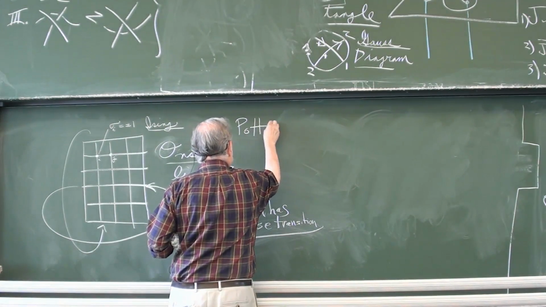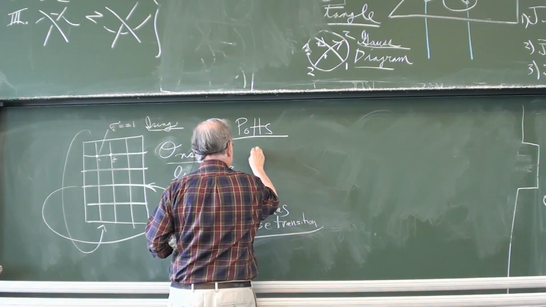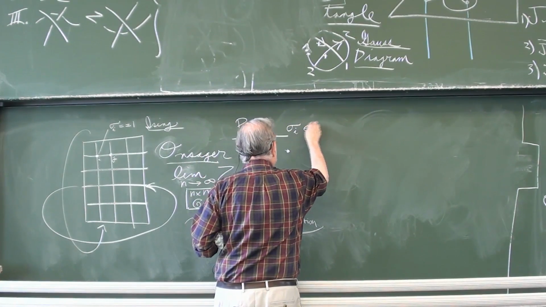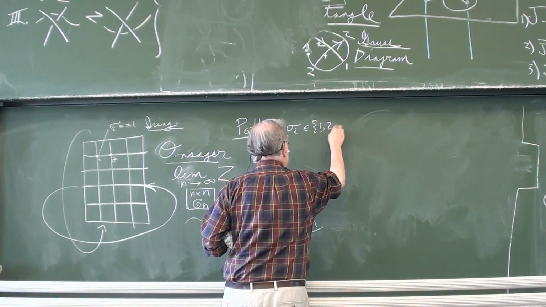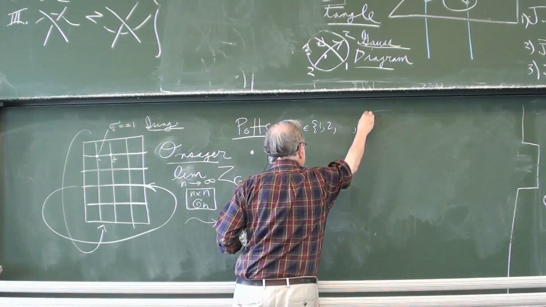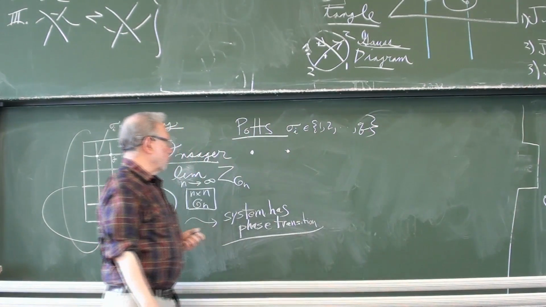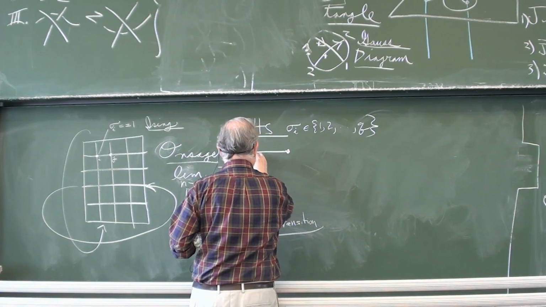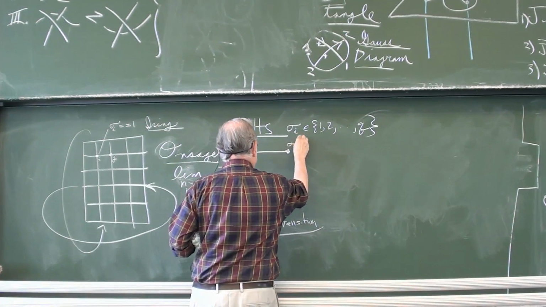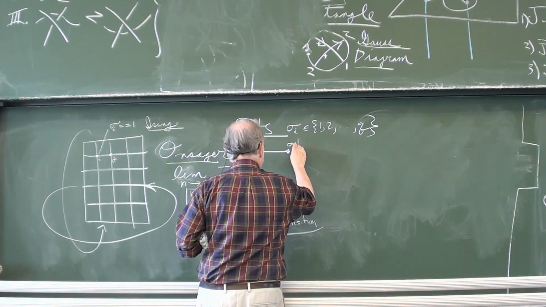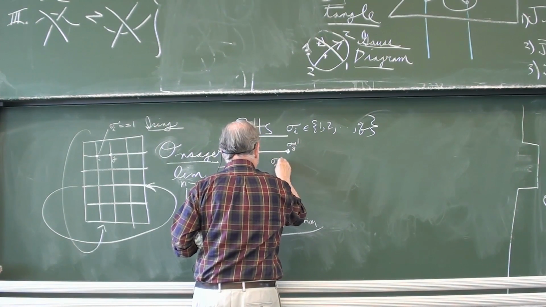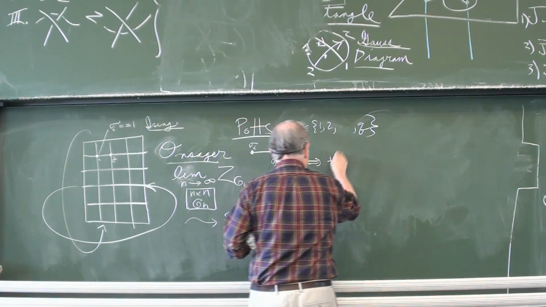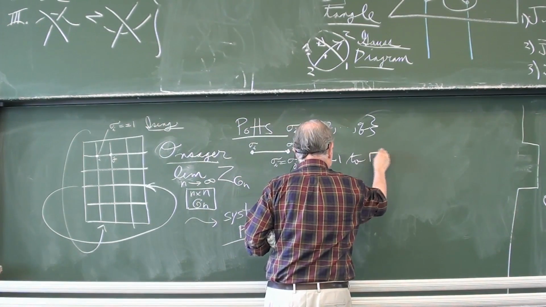and I'll tell you Potts because that's the one I'm going to use. In Potts, the sigma i would belong to a larger set, and we'll just make them all positive, a set of choices up through Q, and then if sigma i equals sigma j, then add 1 to the energy.